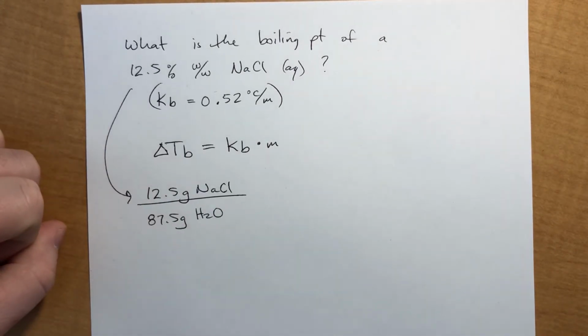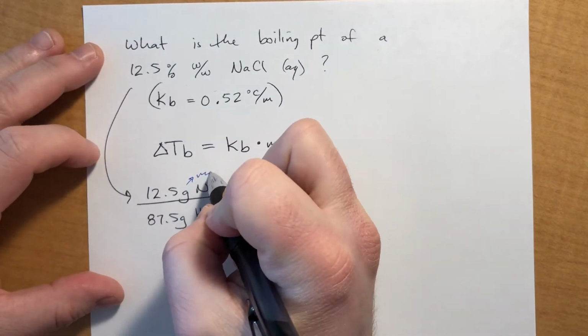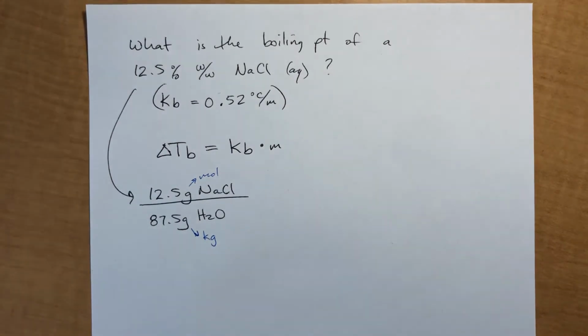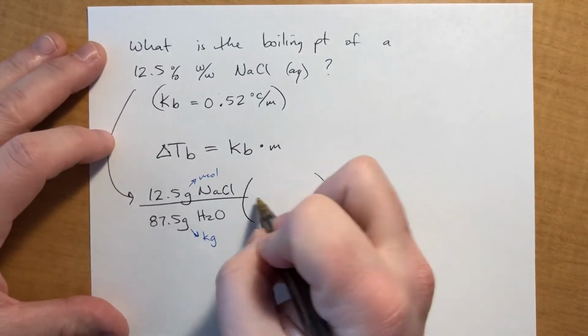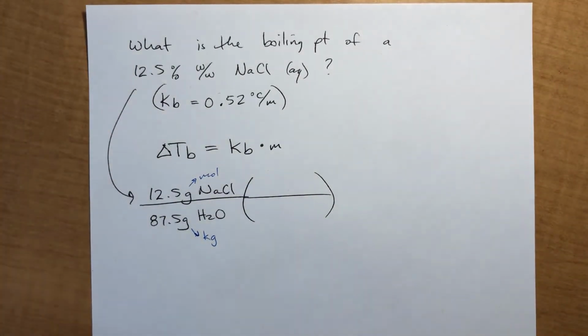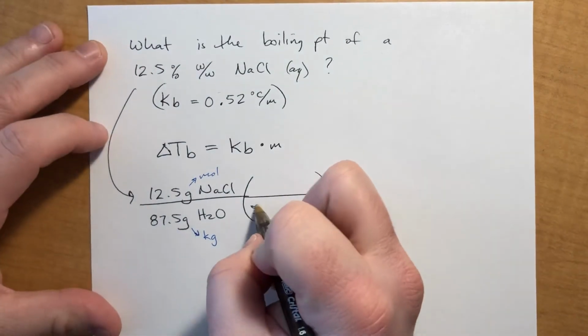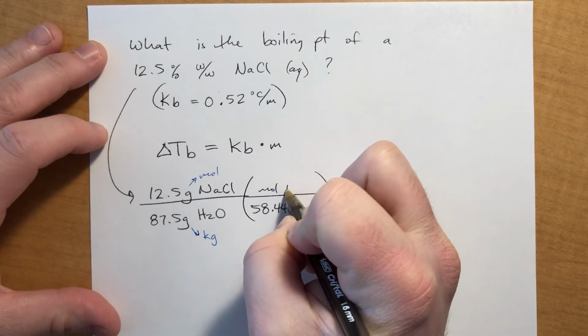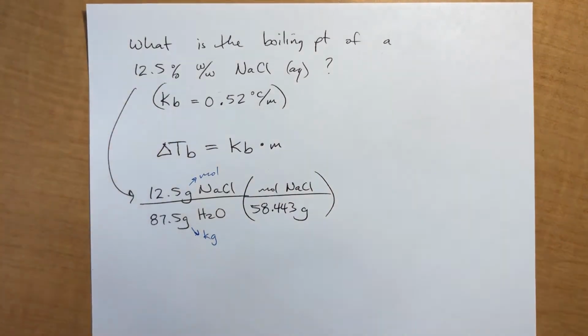Okay, just like last time, we need this converted to moles, and we need this converted to kilograms. So we're going to have to add up a sodium and a chlorine off the periodic table, and the value comes out to 58.443 grams per mole of sodium chloride. I'm working from a problem I've already done.